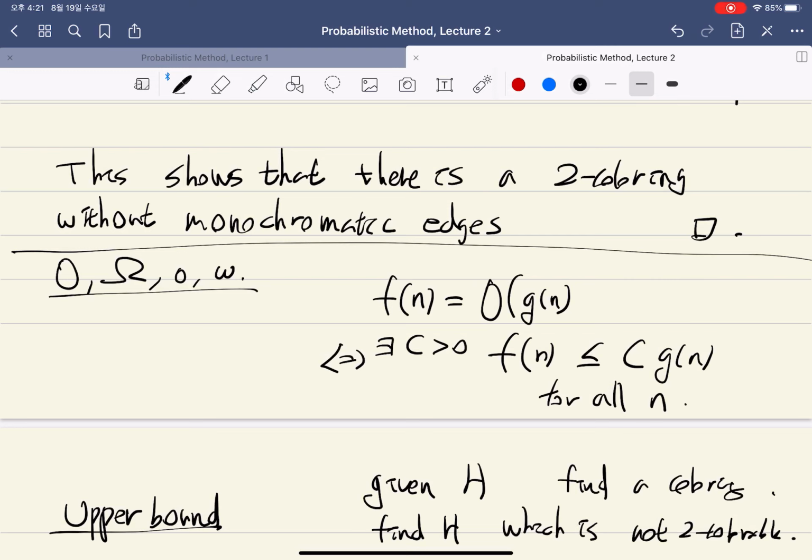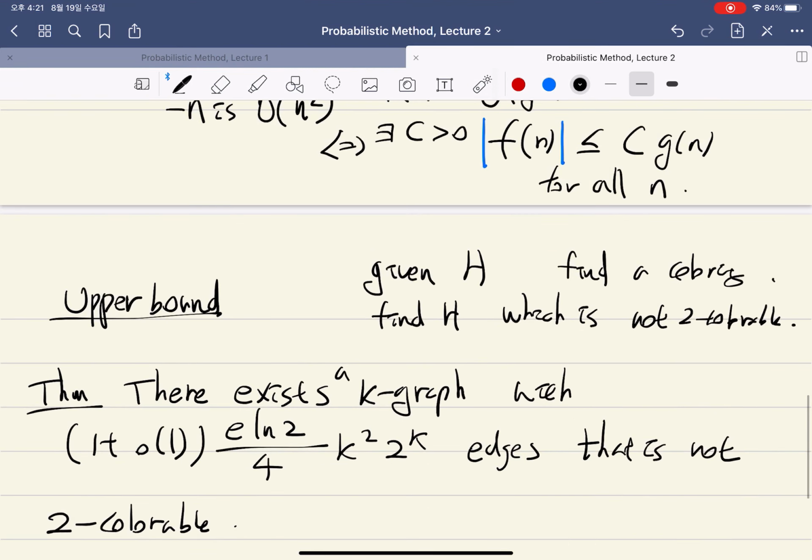But I was slightly wrong that we have to put this absolute value. For our convenience, we want to say that negative n is also big O of n squared, because in that case, we don't have to put plus or minus here. We just want to make sure that this term goes to 0.